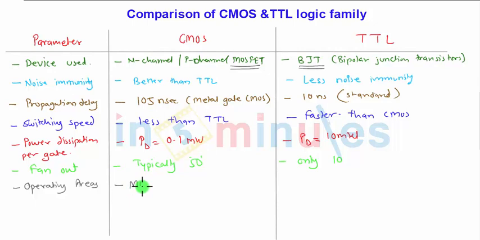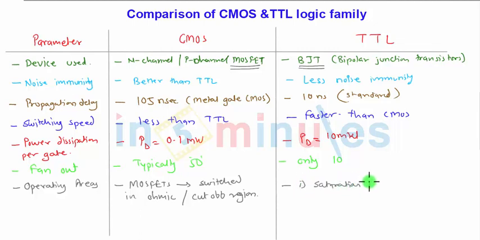So MOSFETs are used as switches in the ohmic or cutoff region, whereas transistors can be operated in the saturation and cutoff region. So there are two regions. The first one is the saturation region, and the second one is the cutoff region.